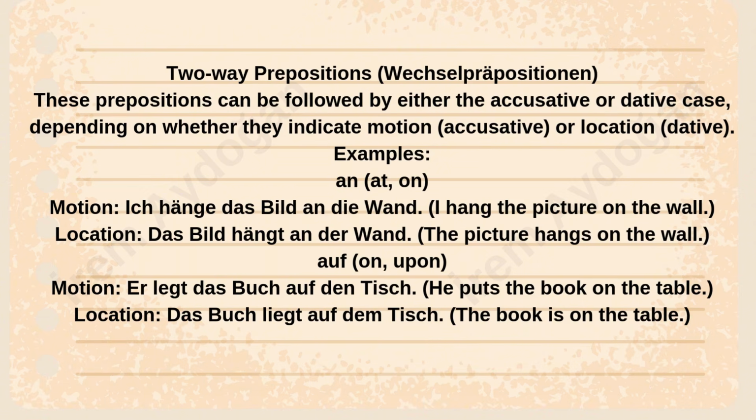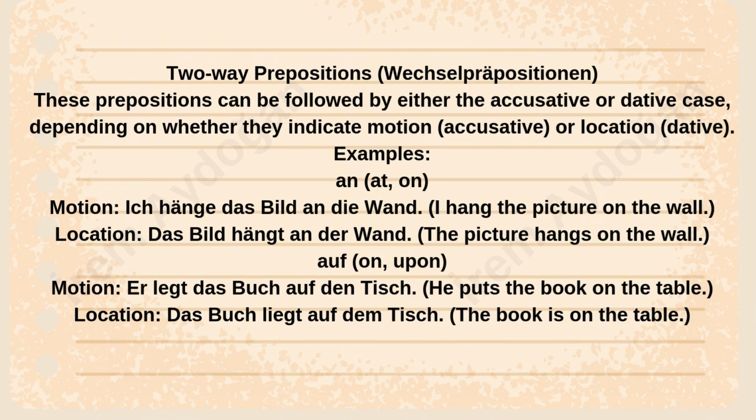Just be careful about these prepositions. We can use both. Let's check the examples. First, an, it means at or on in English. The motion and the location, I mean accusative and dative. I'm gonna give both examples.